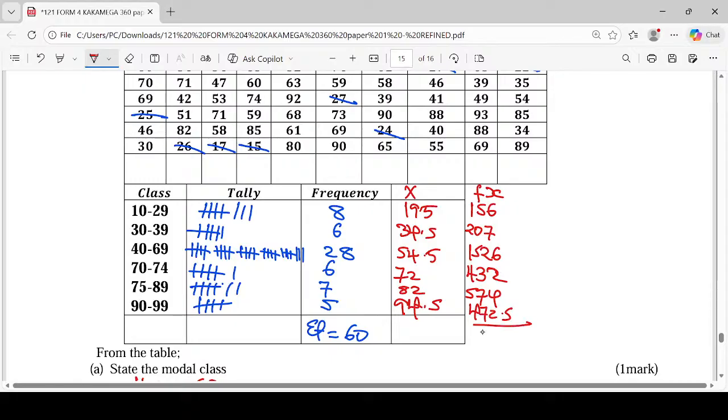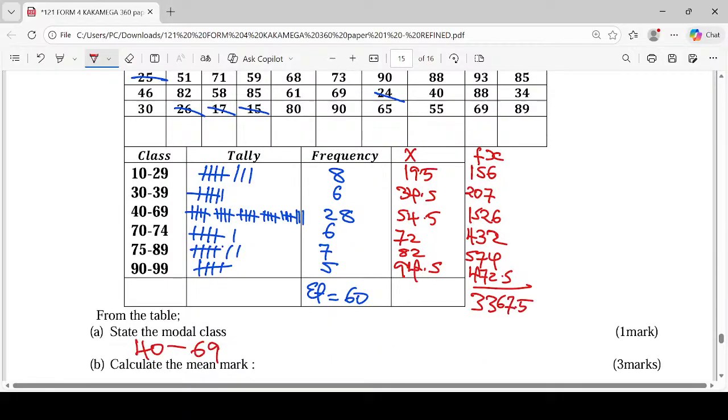When you add here, you get a summation of 3367.5.